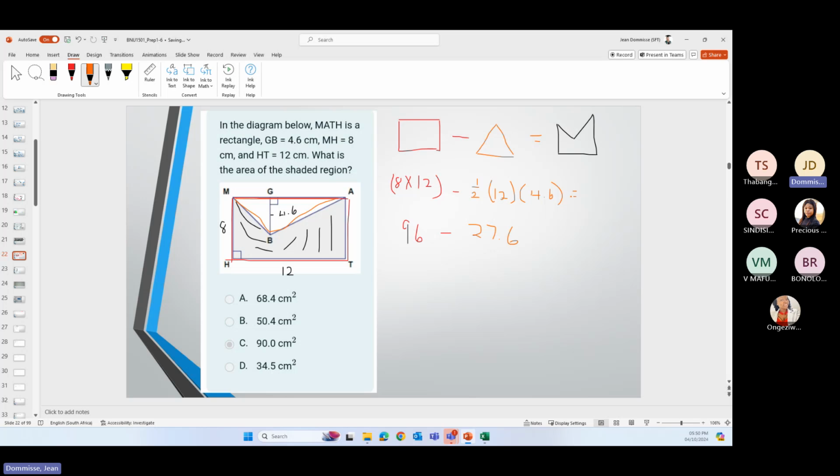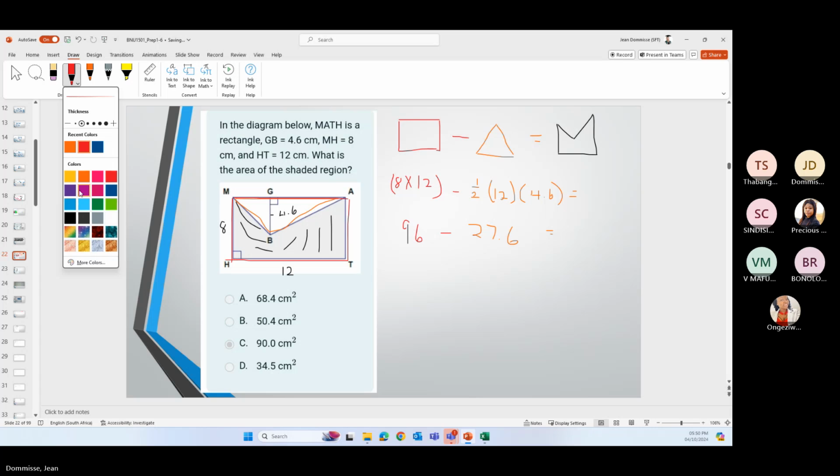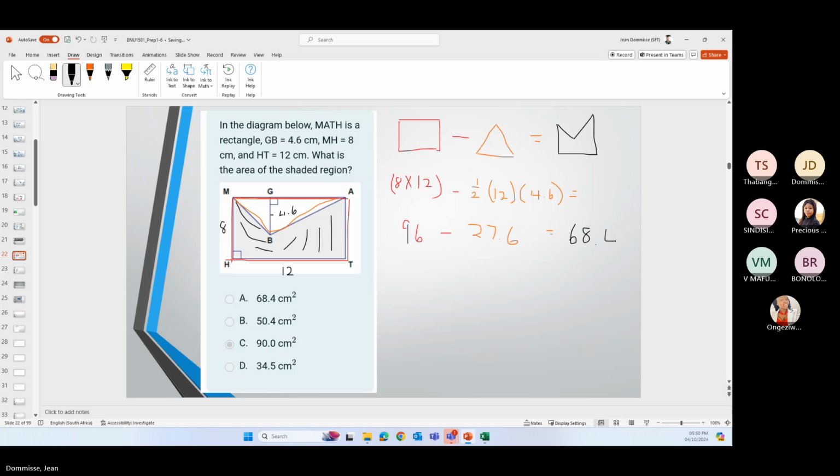So if we subtract 27.6 from 96, we get our final answer as 68.4. And that is option A.